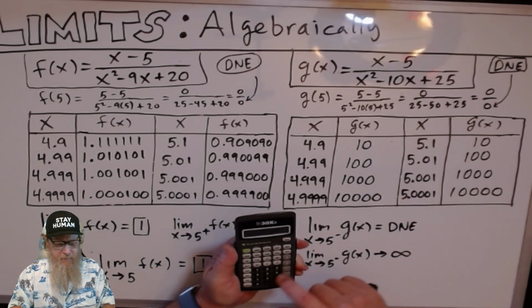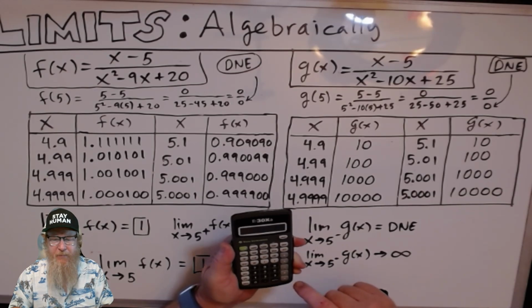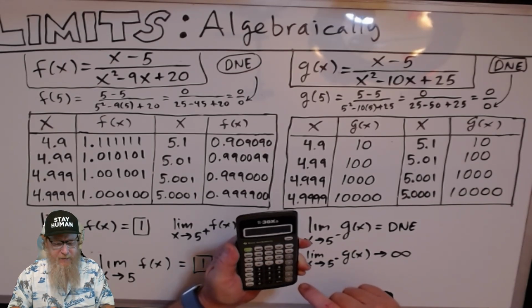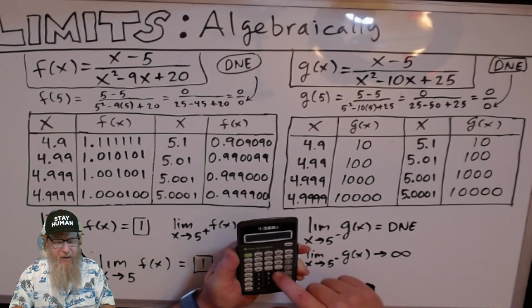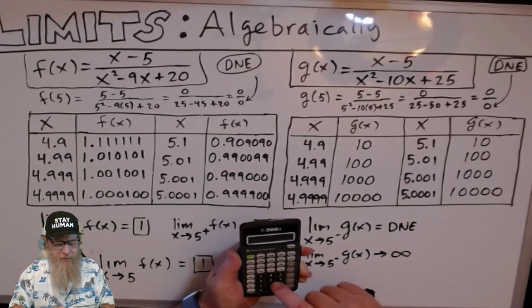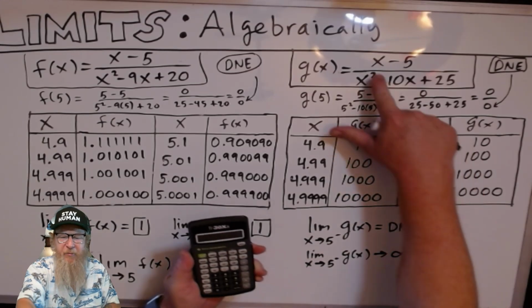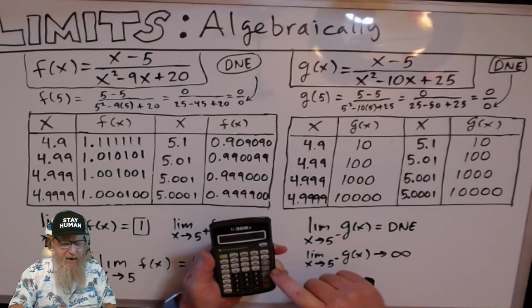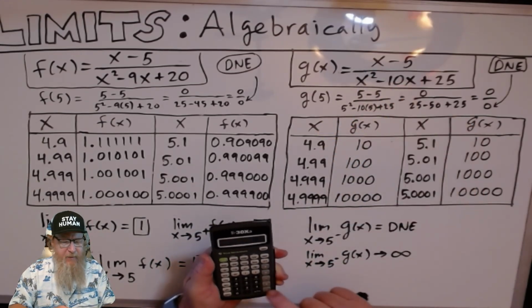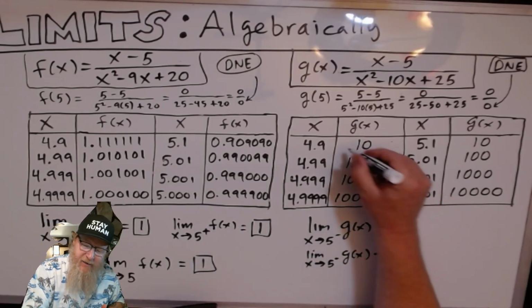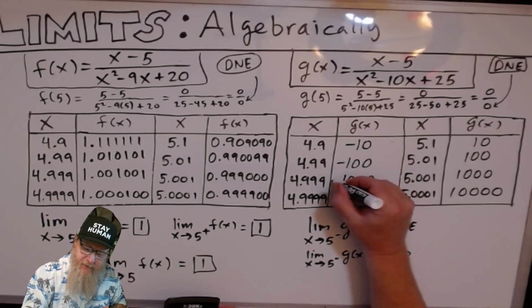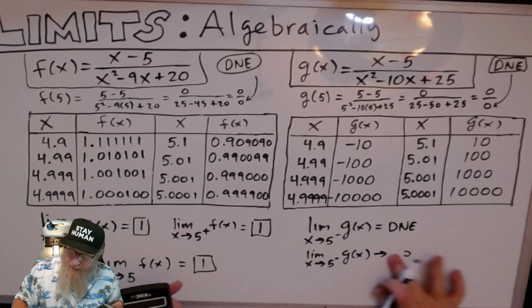Squared minus 10. It is negative times 4.9 plus 25. Yep, and then 4.9 minus 5 is negative 10. I apologize. I'm glad we caught that now.